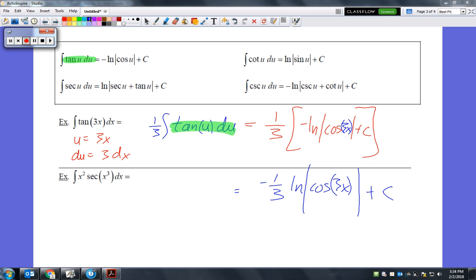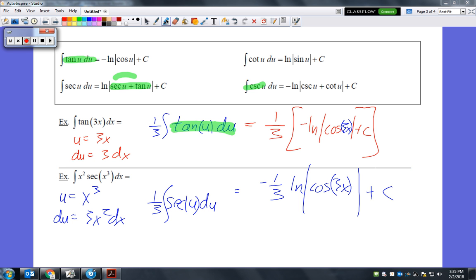What is u on the next one? X cubed. So du is 3x squared dx. So it's going to be 1/3 secant of u du. And the way I memorize secant, guys: what's the derivative of secant? Secant tangent. And what's the derivative of cosecant?